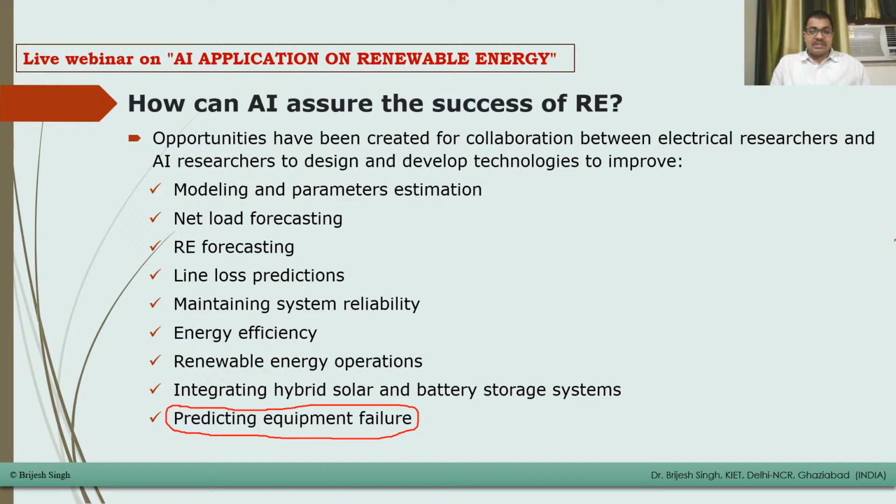If this kind of protection is possible, then the reliability of the system can be assured by the AI. So these are some areas where we can apply AI for renewable energy.